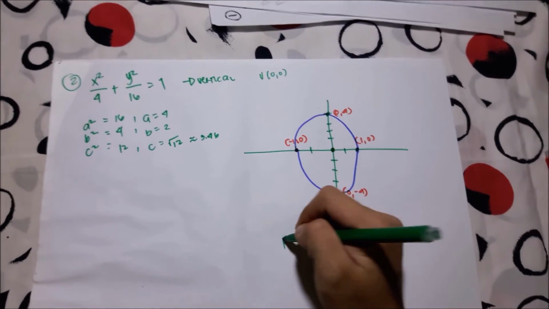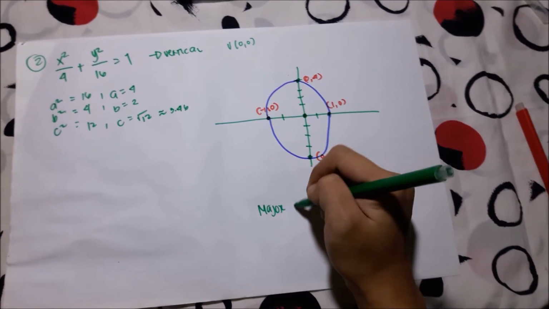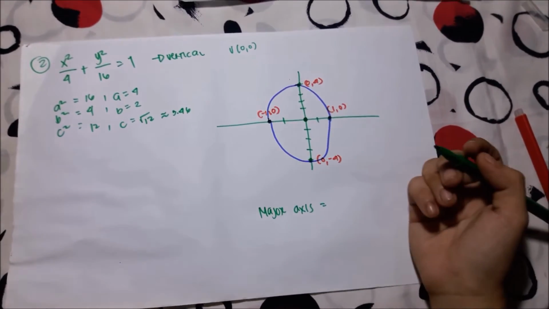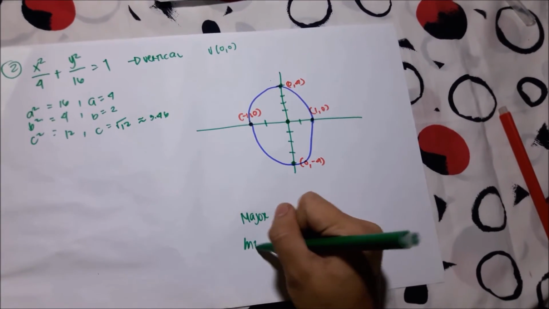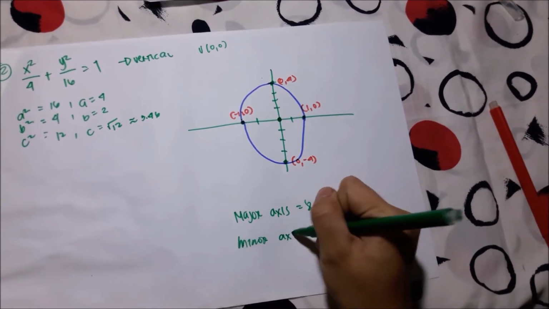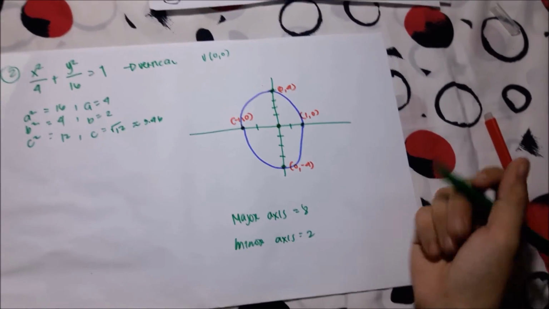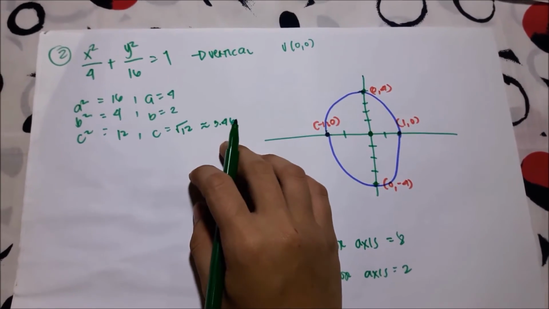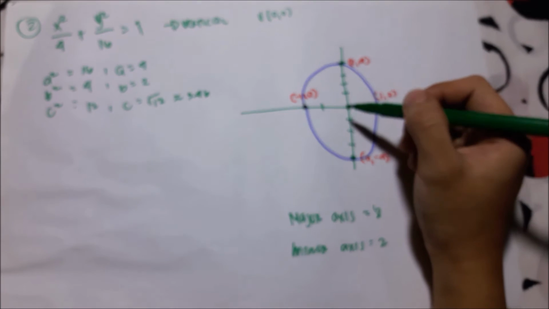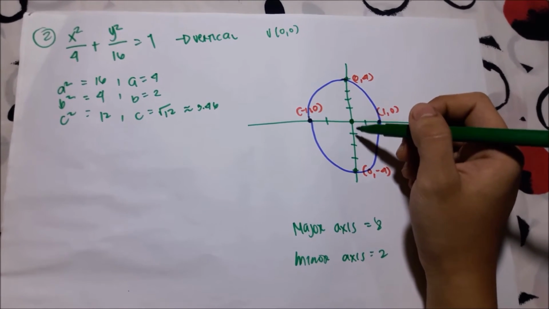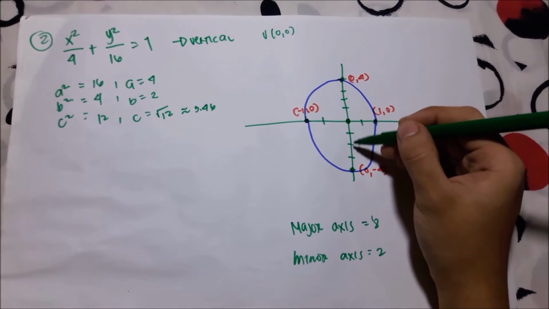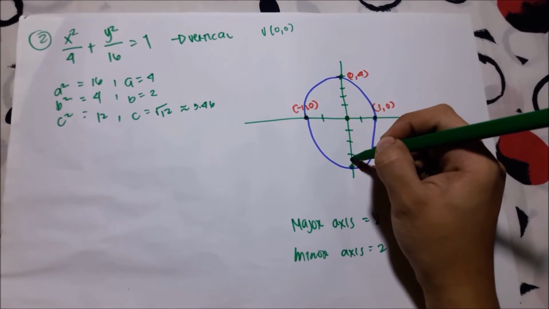For our major axis, our major axis here is 8, while the minor axis is 4. Foci is 3.46 away from the center. So it's 3.46. So 1, 2, 3. So 3.46, so this one.